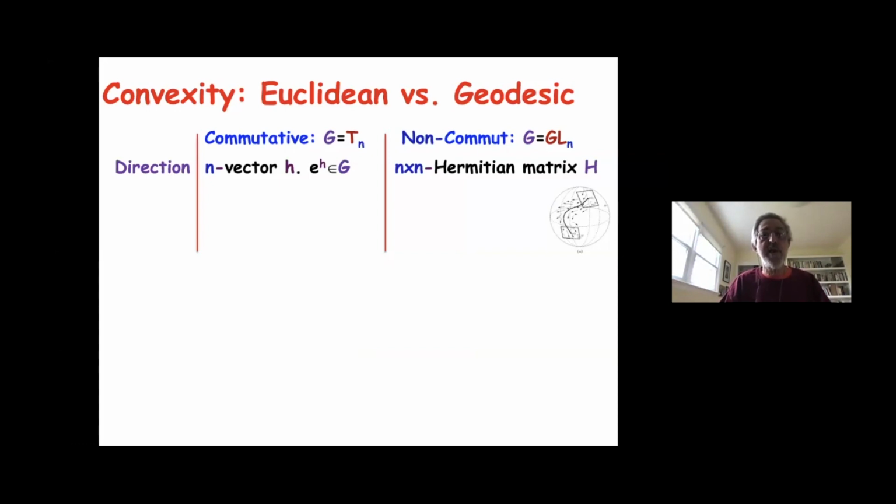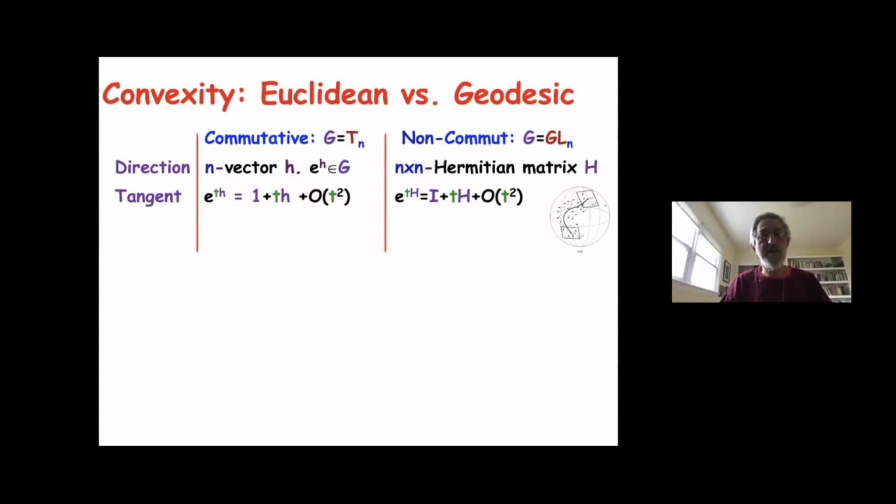So first of all, a direction in Euclidean space is just an n vector. And I want to point out, we'll use it soon, that e to the h is another vector. It's also an element of the group. In the non-commutative case, the direction will be specified by an element of the Lie algebra. In this case, it will be a Hermitian matrix.